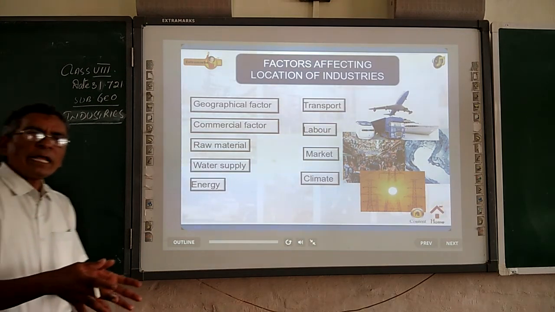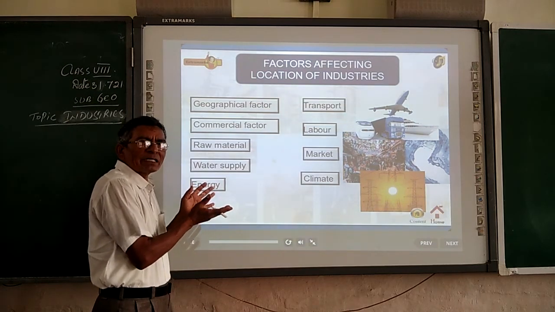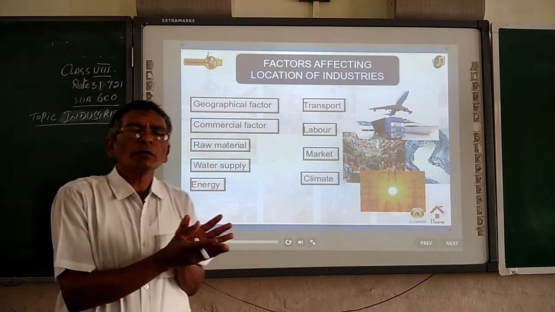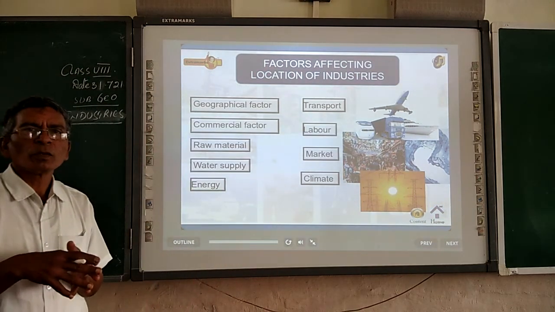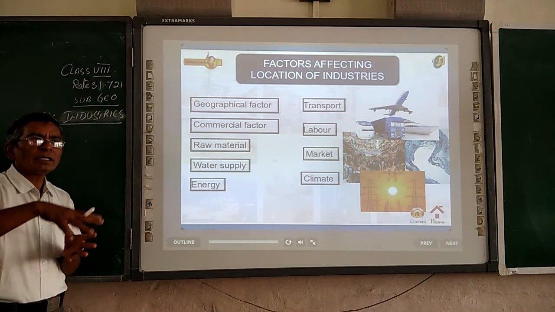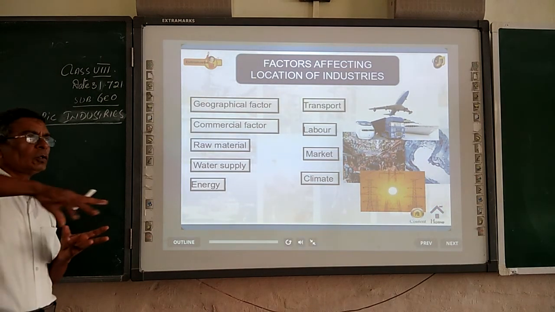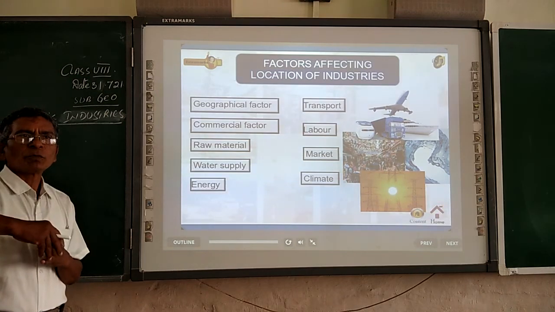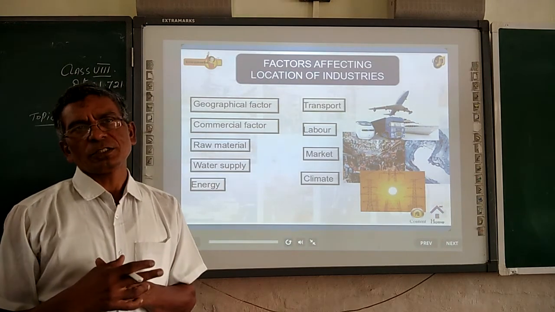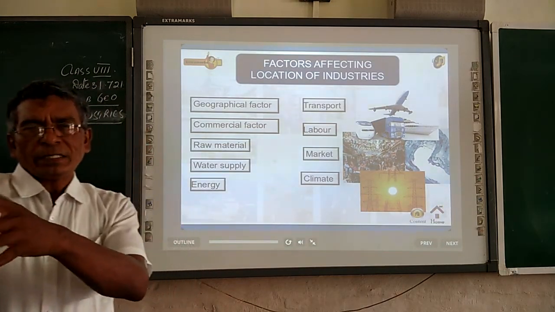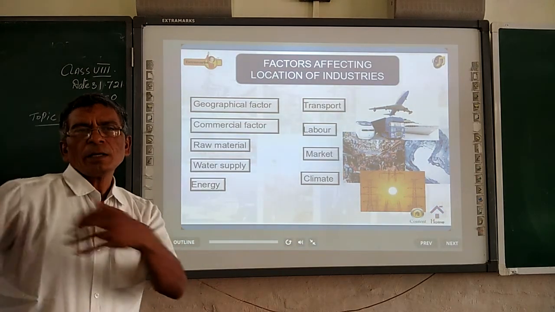But if you take certain places, some factors may be available whereas other factors may not be available. In such cases, even though some factors are not available, you have to see the remaining factors nearby, in the surrounding places, so that we can collect them easily because they are near to the site.